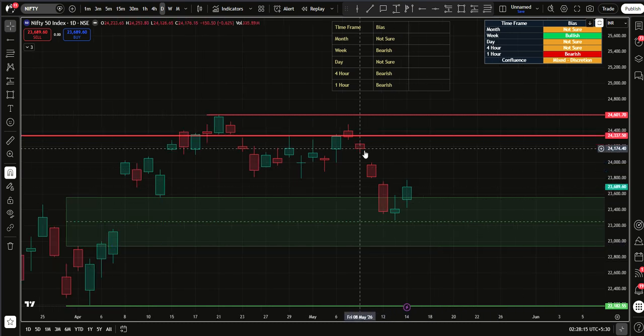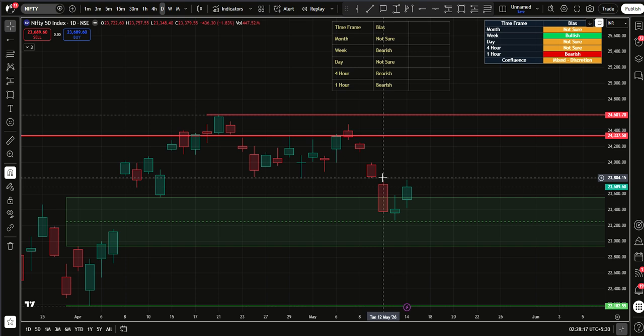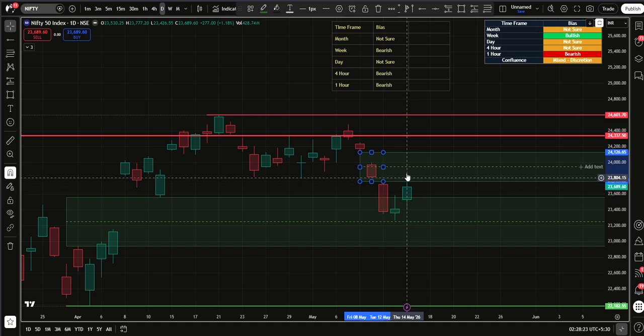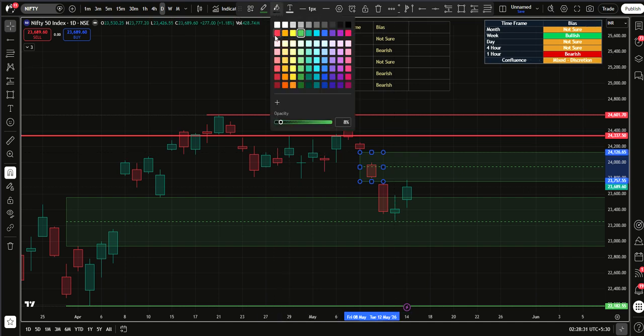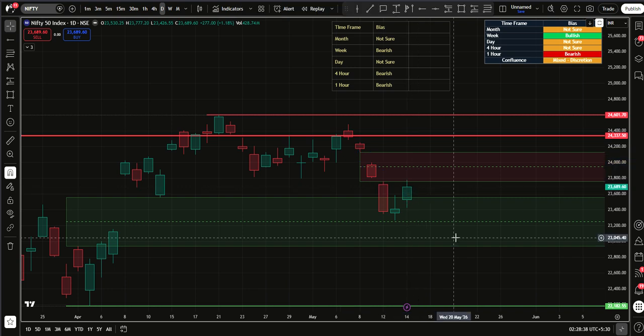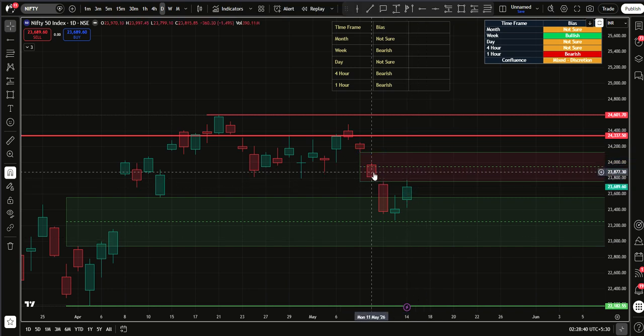And there are a few fair value gaps that are formed here. Of this, I think this one is where Nifty stung into today, and it was sold off. And it's a bearish fair value gap that needs to be marked in red. Nifty stung into it today and was sold off. We will have to see what happens tomorrow.